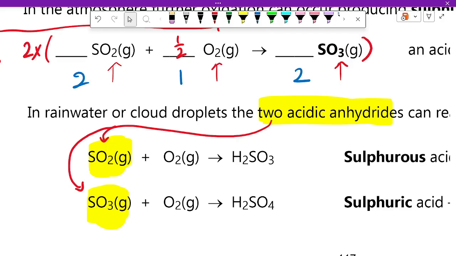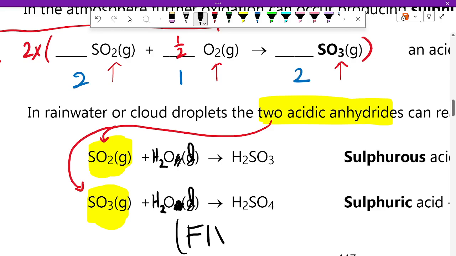Yeah. Okay, so this should not be O2, it should be H2O, and this should be H2O. Okay, and that should be a liquid, and that should be a liquid. Fix. So we end up with, and again, you just cram them all together, H2SO3, sulfurous acid, and H2SO4, sulfuric acid.